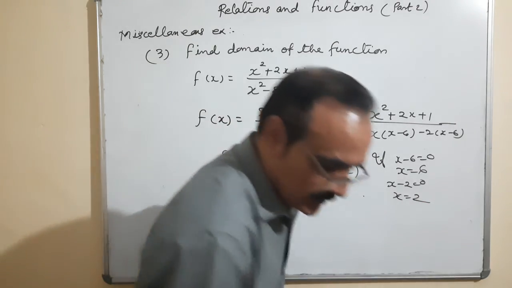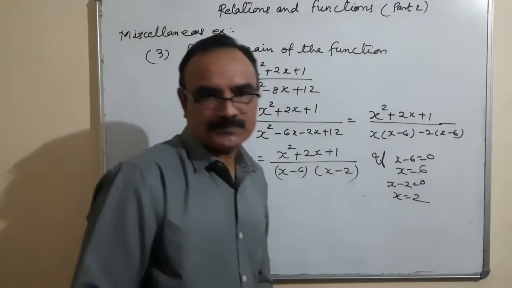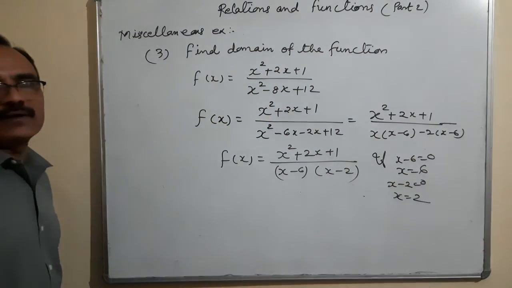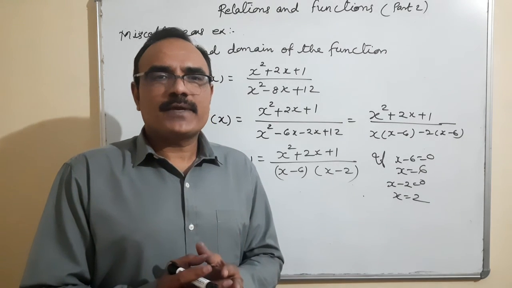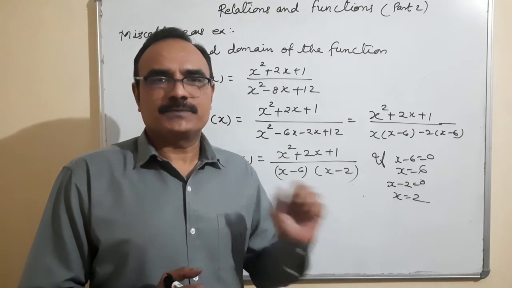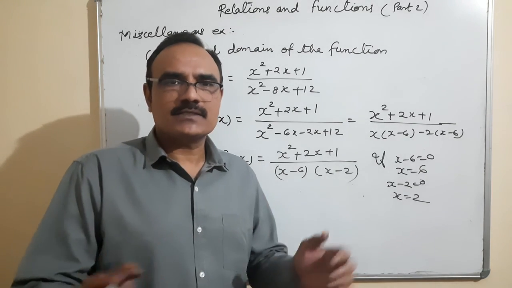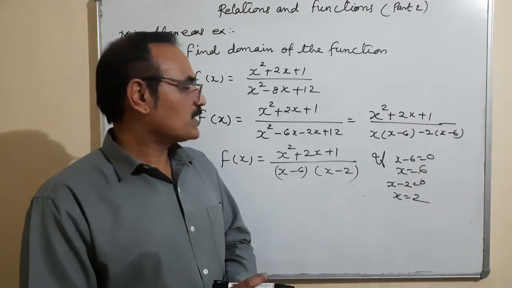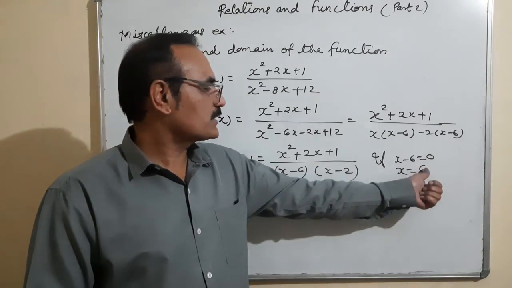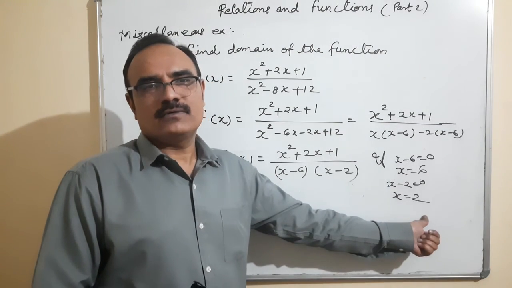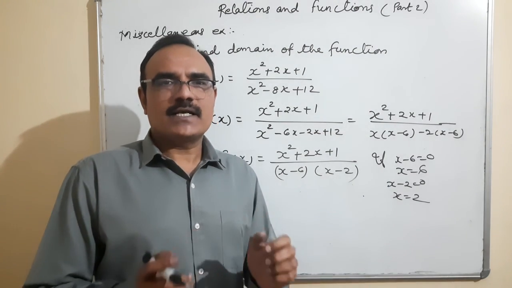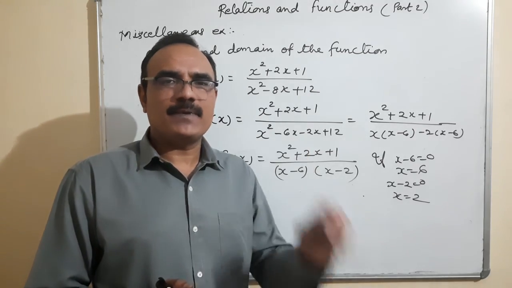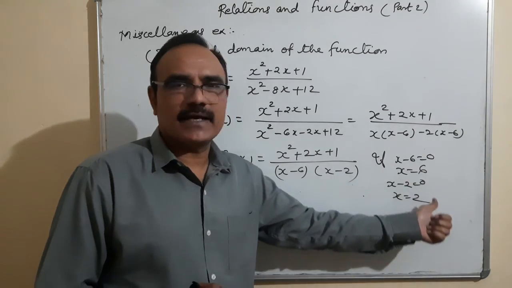The question asks to find the domain. So what is the domain? In the set of real numbers, how many numbers can we put? This is the list of the domain elements. Which numbers can we not put? We cannot put 6 and 2. So what is the conclusion? From the set of real numbers, we can put each and every element except 6 and 2.